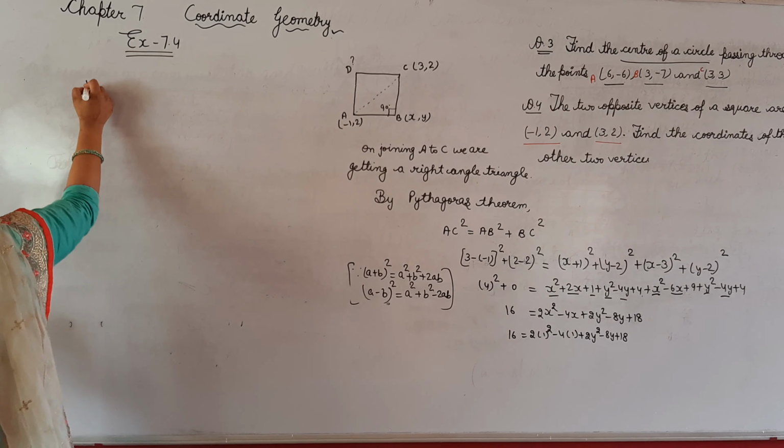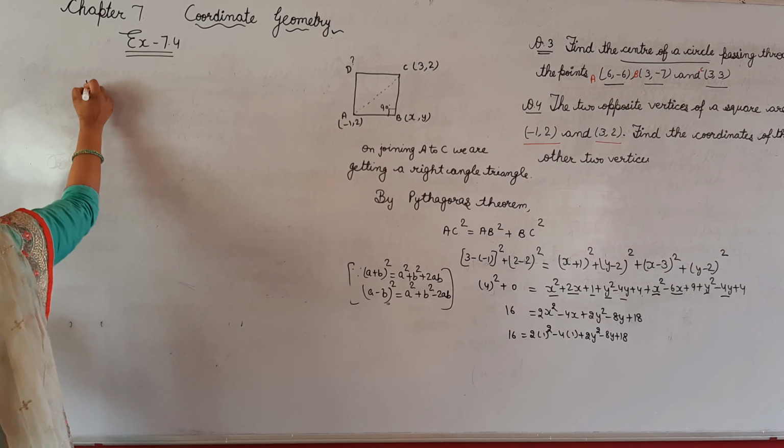From here 16 is equal to 2 minus 4 plus 2y square minus 8y plus 18. So now from here what we will get? 2y square minus 8y, and 16 will come to this side and it will become minus 16.